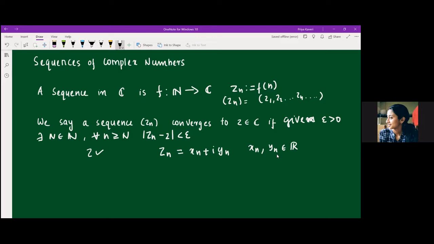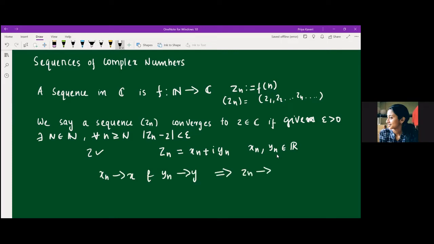So we can ask whether the convergence of Zn is related to the convergence of xn and yn. The answer is yes, there is a relation. If xn converges to x and yn converges to y, then Zn converges to Z, that is equal to x plus iy.